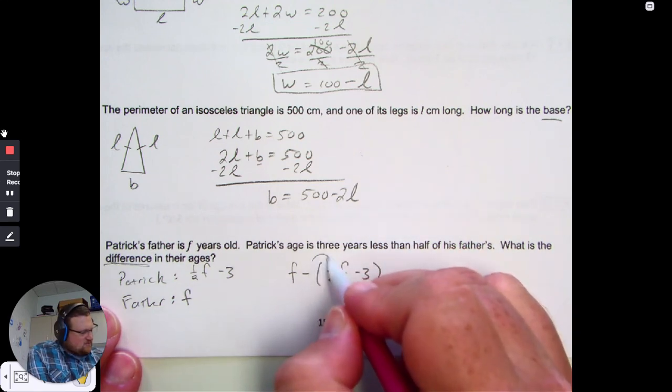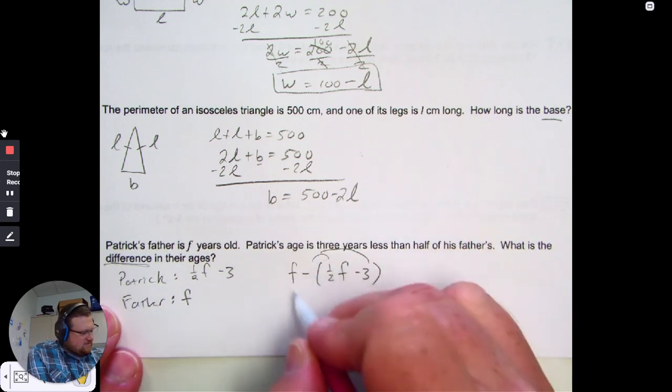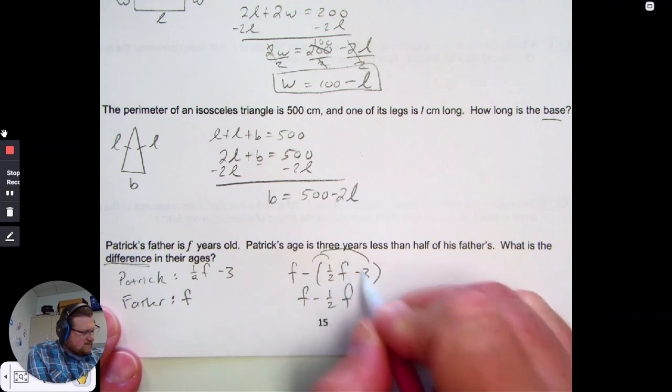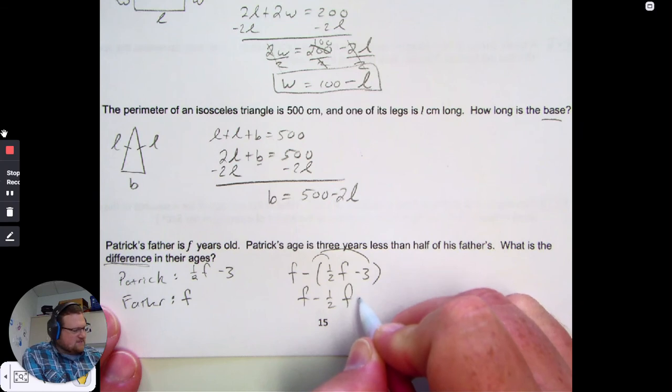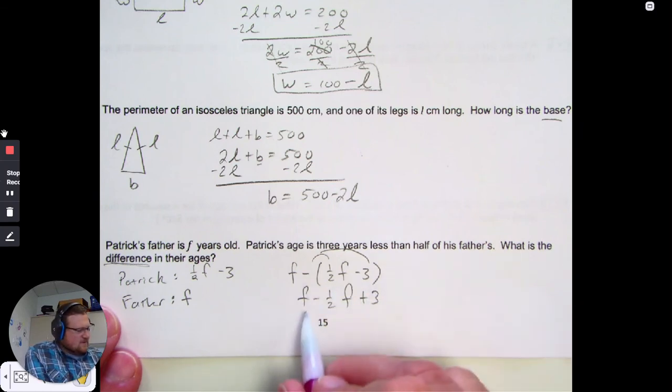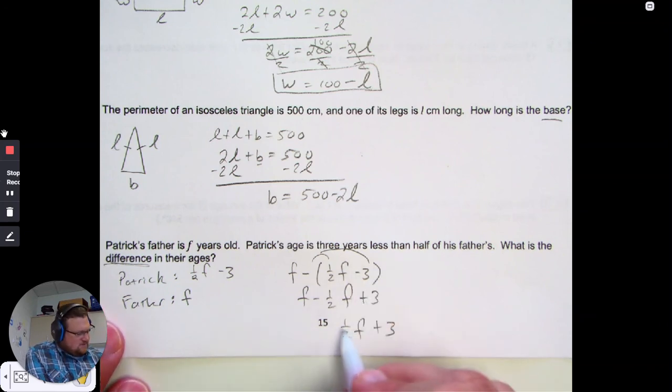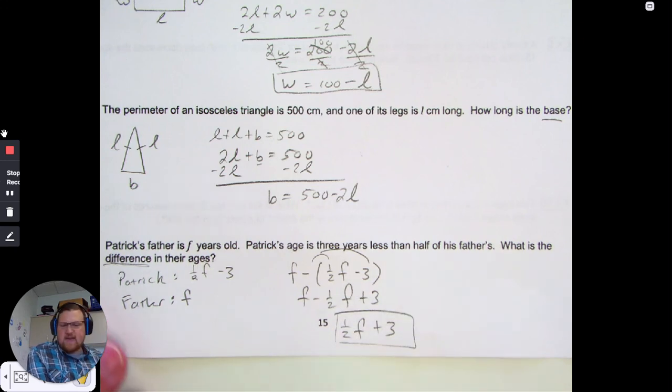We now need to distribute this negative, so F minus 1/2 F minus a negative becomes plus a positive, so that's plus 3. So if we have a whole F, we subtract half of one, that means we're left with 1/2 of an F plus 3. So that is the difference in their ages.